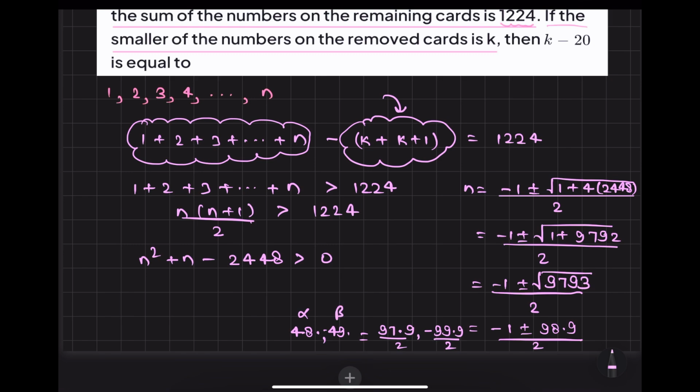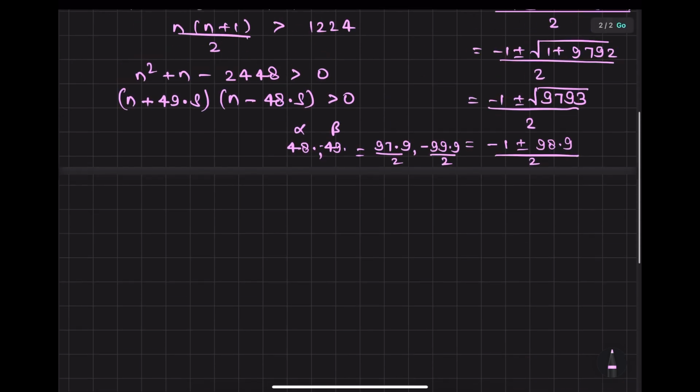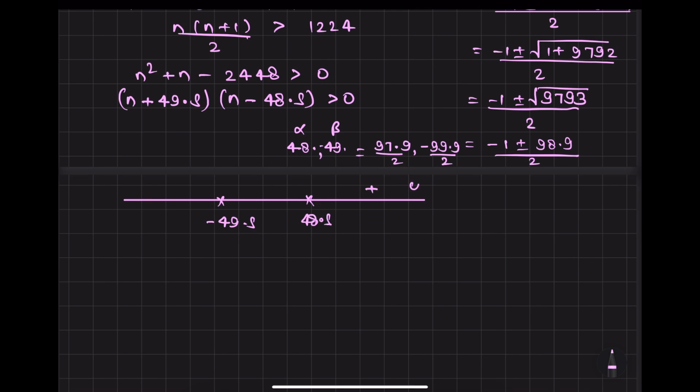Now you know that on the number line I can write this as n plus 49 point something times n minus 48 point something greater than 0. Now look at how I will approach this. If you talk about the inequality, you have to place minus 49 point something and 48 point something, and put the signs positive, negative, positive.